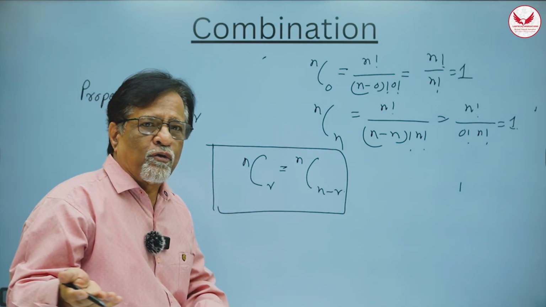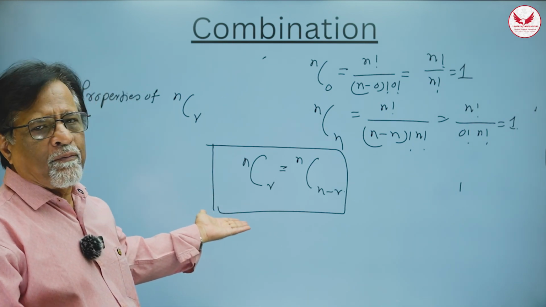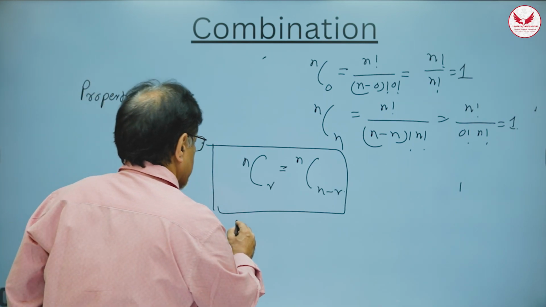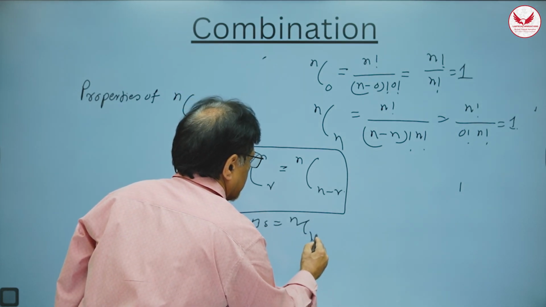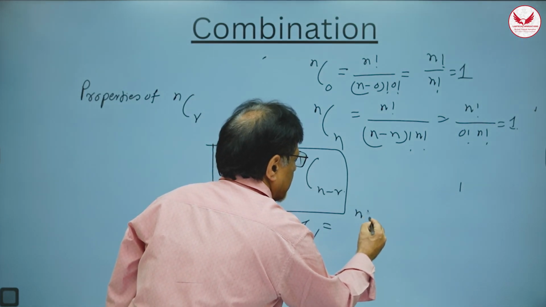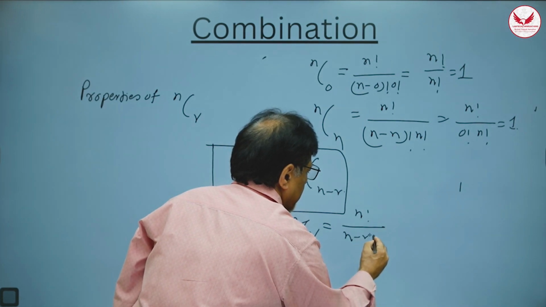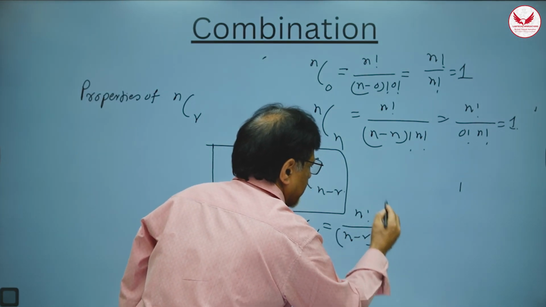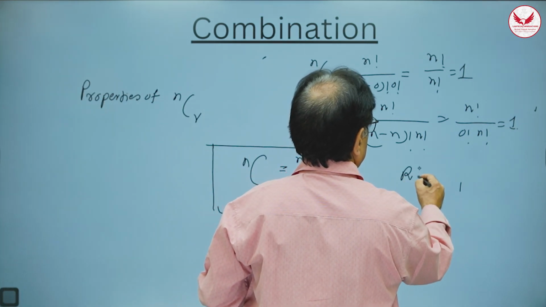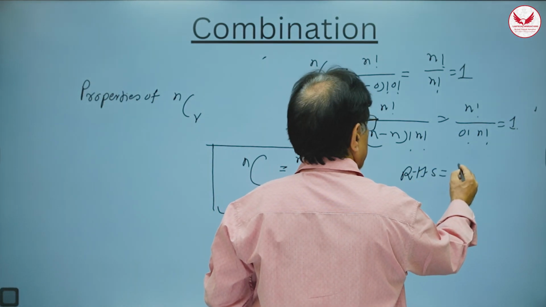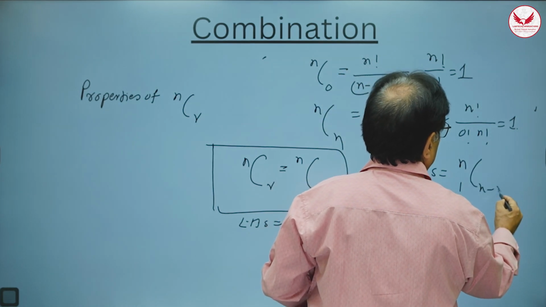Now, if you have not understood my argument, we can prove it by using the formula. Let us prove it. So what is LHS? LHS is NCR. What is NCR? n factorial upon (n minus r) factorial into r factorial. Fine. What is RHS? RHS is NC(n minus r).